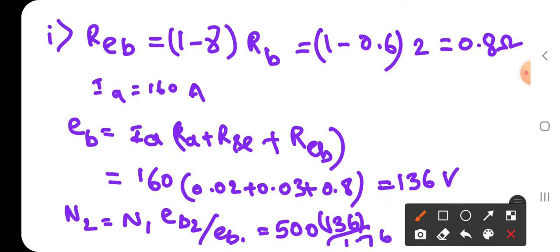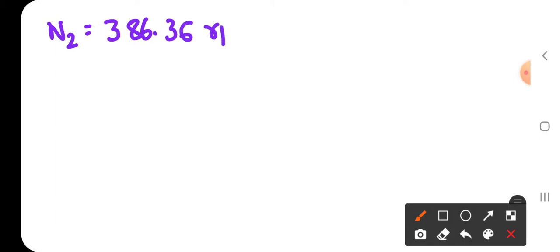Can you find out what N2 is? N2 is approximately 386.36 rpm. So this is the speed for duty ratio 0.6 and armature current 160 amps.